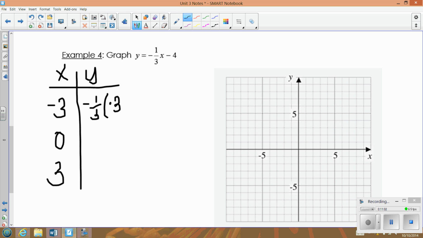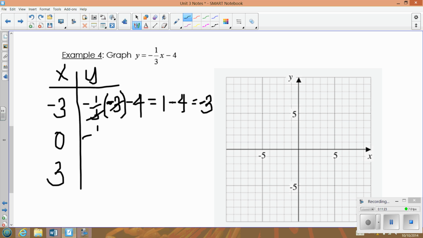So I plug in -3. So we get, these are going to cancel, so we get -1 times -1, which is just going to be 1 minus 4, which is going to give me -3.